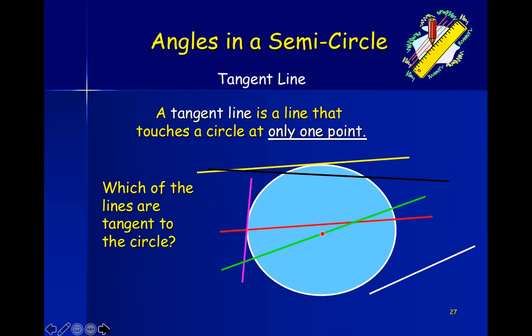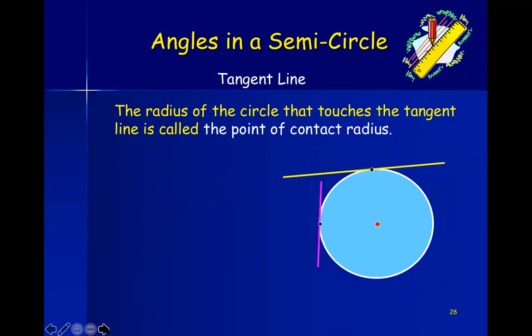Okay, so if I give you that as the definition, how many tangent lines can you see here? 2. Yeah, the yellow and the pink. Basically you can see 2 of them because they only touch at one point.